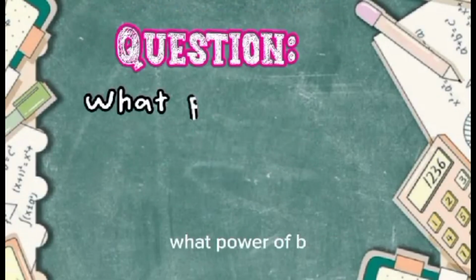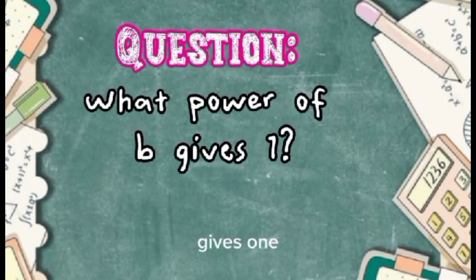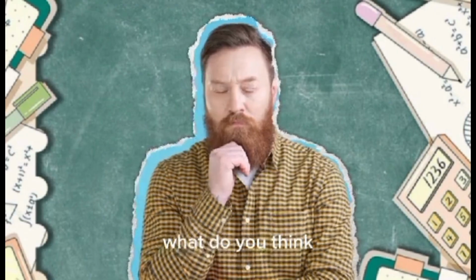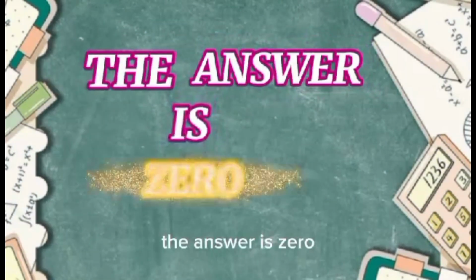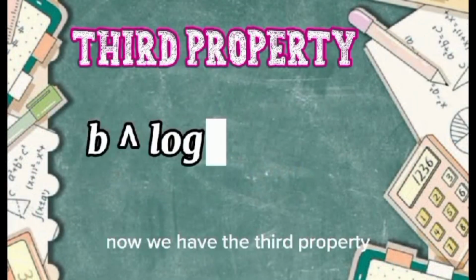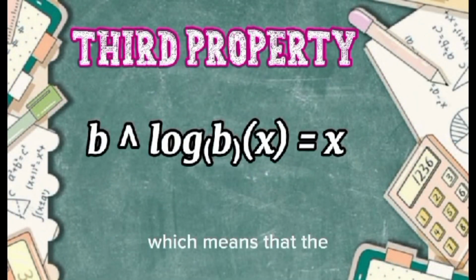So, what power of b gives 1? What do you think? Yes, you're right. The answer is 0.